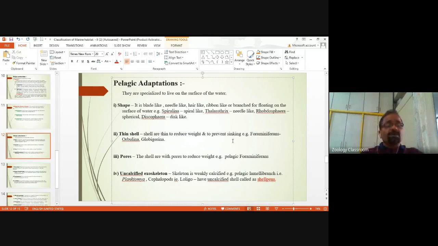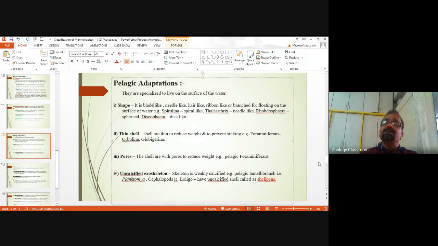Now, some of the organisms have a thin shell. These shells are thin to reduce weight and to prevent sinking, because these shells are very porous, and water enters into the small pores of the shell, and because of this, the specific gravity is reduced, and thus makes the organism float.